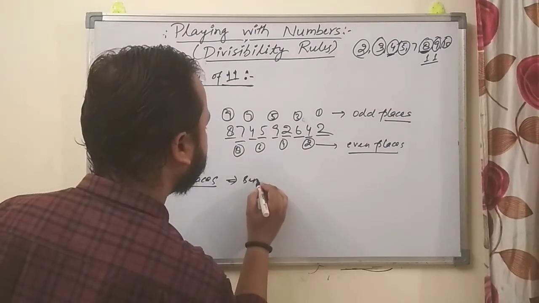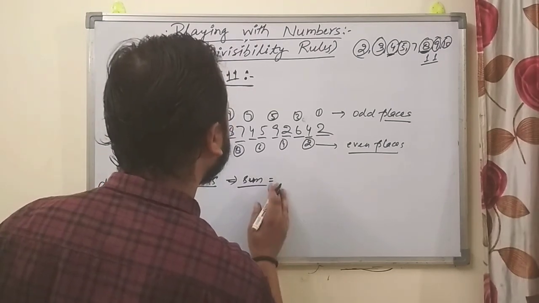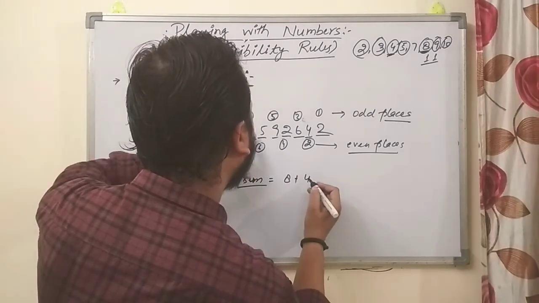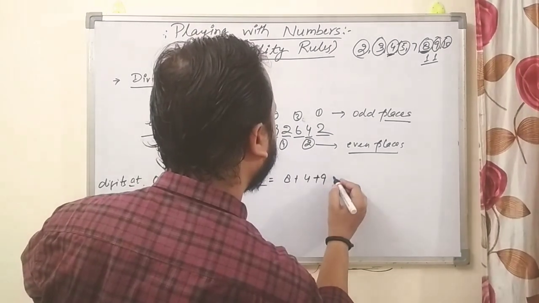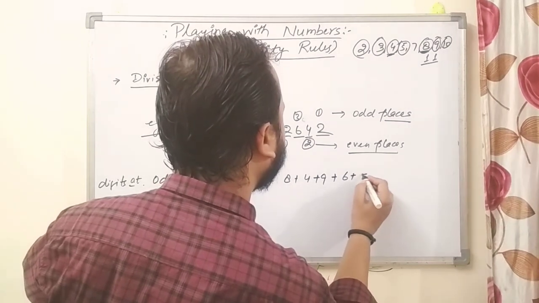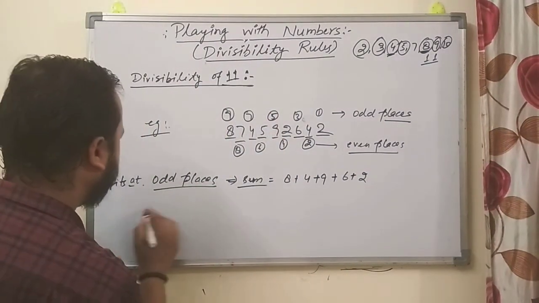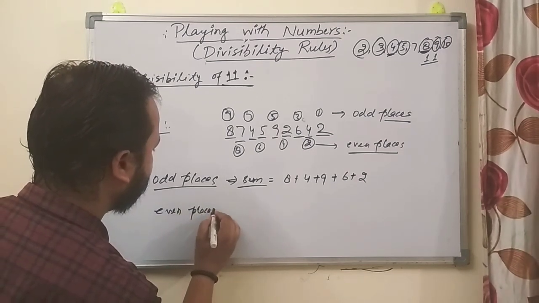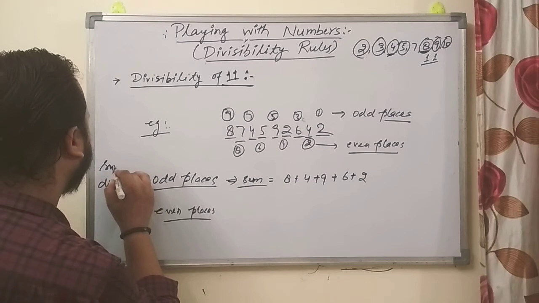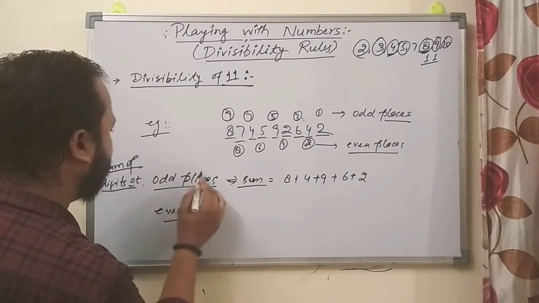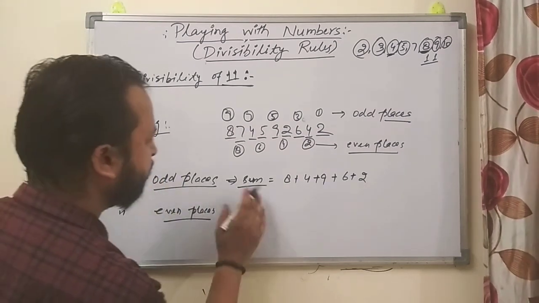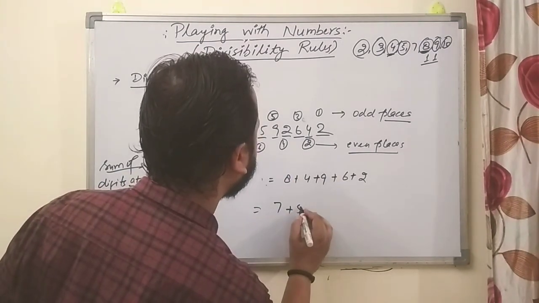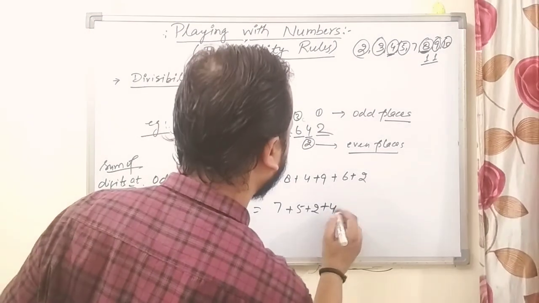Here, the odd place digits are 8 plus 4 plus 9 plus 6 plus 2, and the even place digits are 7 plus 5 plus 2 plus 4.